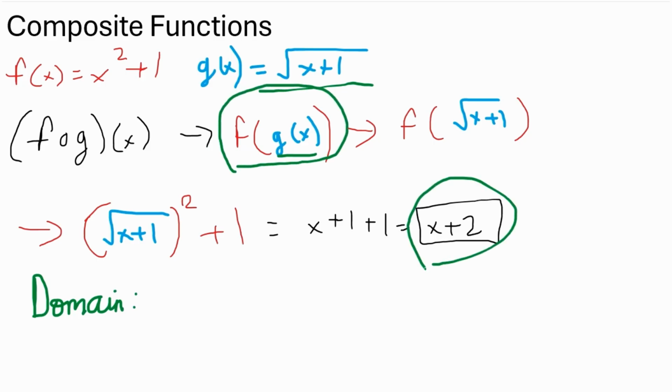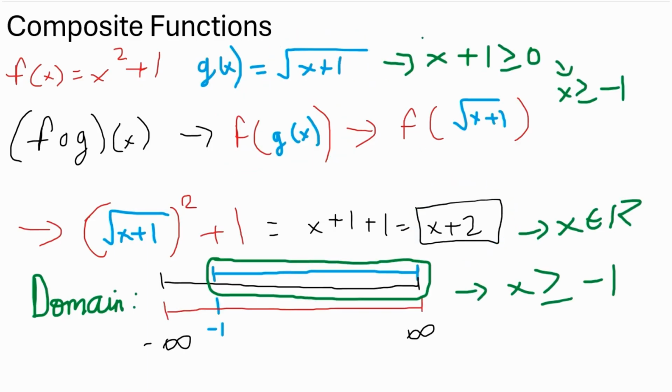So these are the two that we check. For this, our restriction is x has to be greater than or equal to -1. For the final function, it's all real numbers. Then check the overlap. We already did that. So x has to be greater than or equal to -1, and that's it.